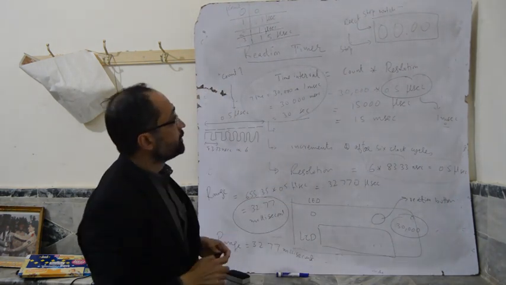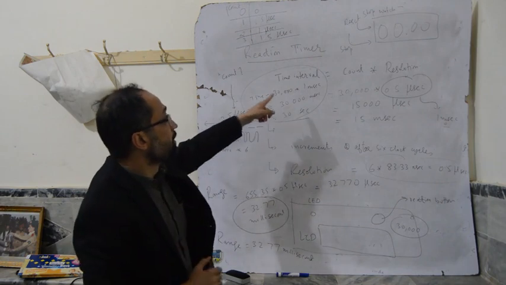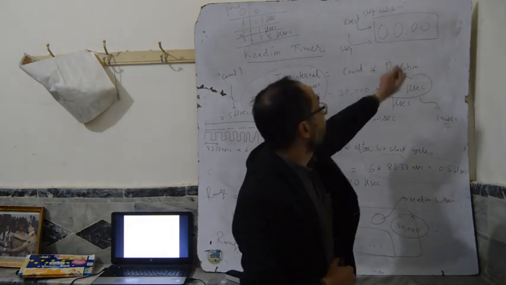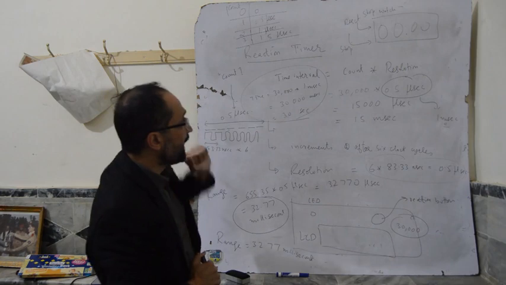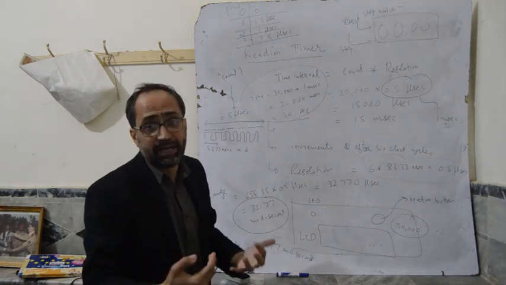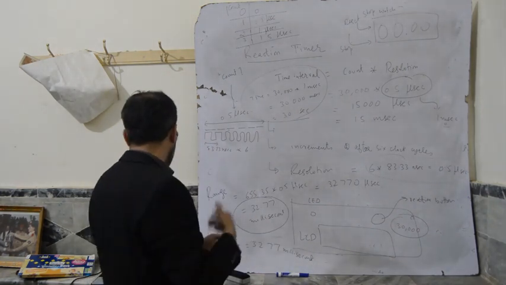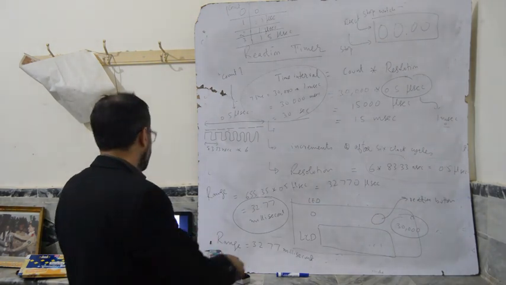So the total range can be increased by increasing the resolution, and it can also be increased by using a prescaler, like dividing the clock by 2 or dividing the clock by 4, and so forth.